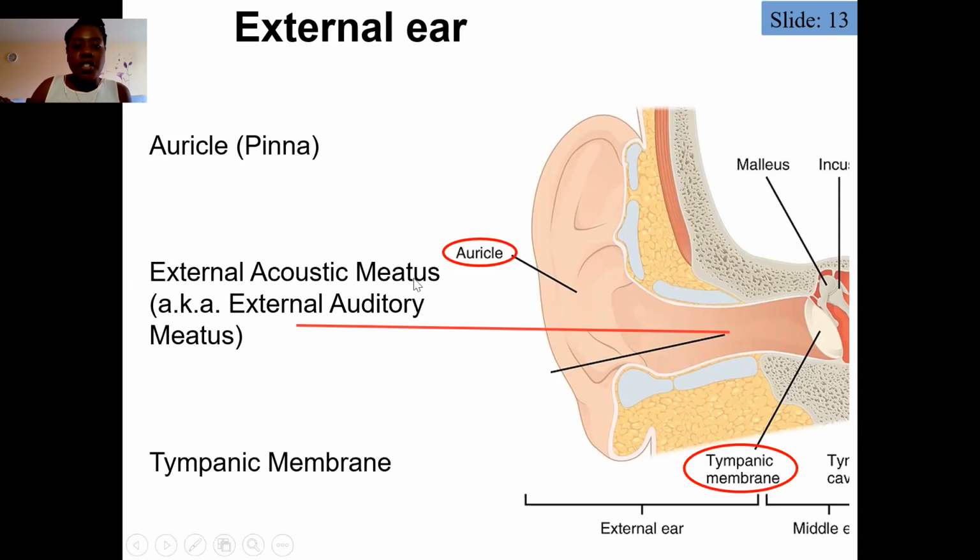They enter the external acoustic meatus, also called the external auditory meatus, which communicates from the outer ear into the middle ear. The boundary between the external ear and the middle ear is the tympanic membrane, also called the eardrum. The eardrum also serves to amplify those vibrations as they are trapped from the environment. So the external ear comprises the auricle or the pinna, and the external auditory meatus or the auditory canal.